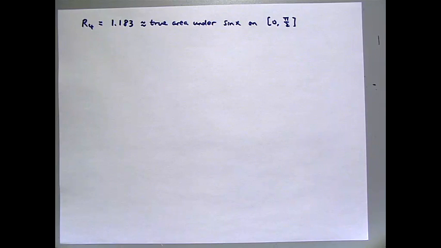Now, is this number 1.183 an overestimate or an underestimate? Over, right? It seems pretty clear because each rectangle has a little bit sticking out above the curve that we don't really want, but is included anyway.